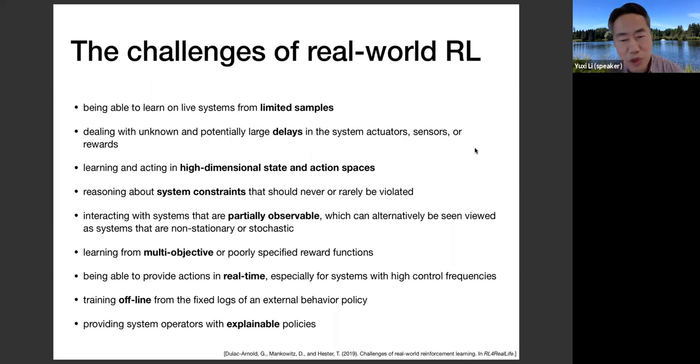Some people summarized the challenges of real-world reinforcement learning, designed algorithms and experiments to test those, and gave some suggestions. It's a paper already accepted to the Machine Learning journal, and it will be published soon. Now there is an arXiv version on the internet.